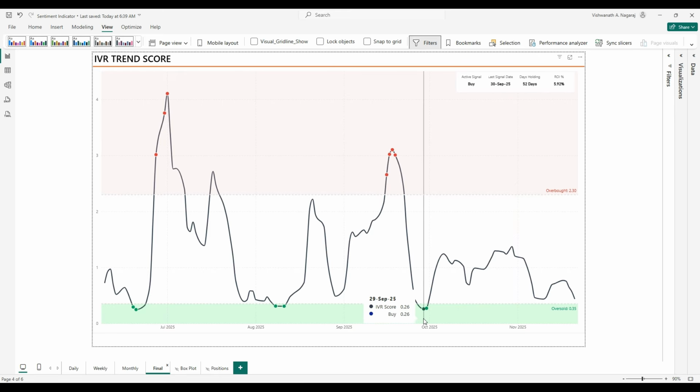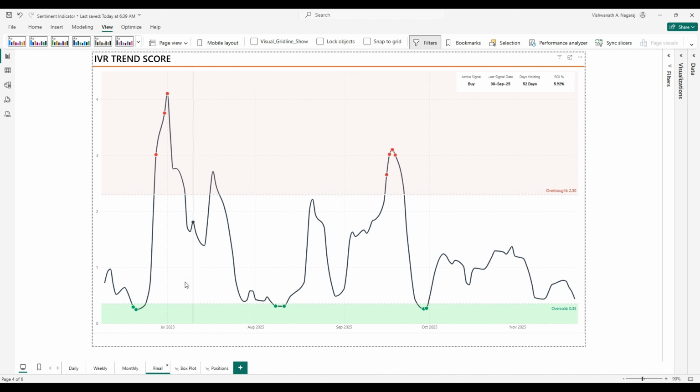And then this has now rolled back nicely, and 29th September or 30th September, whichever could have been your buy. If we had entered at the 30th September buy signal, the last active signal, the number of days holding, this is purely for Nifty, is 52 days as of today, and the ROI would have been about 6%, right?